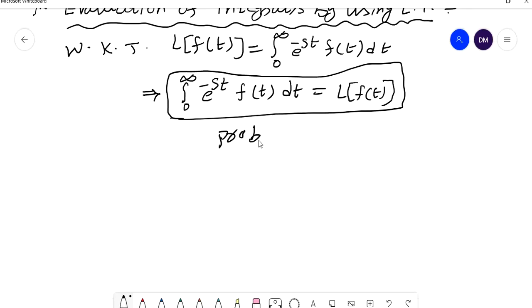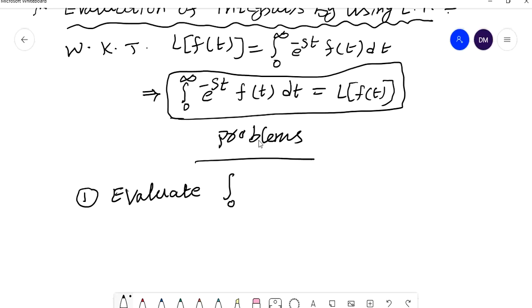The first problem is: evaluate integral 0 to infinity t e power minus 3t sin t dt. So we have to evaluate this integral 0 to infinity t e power minus 3t sin t dt.